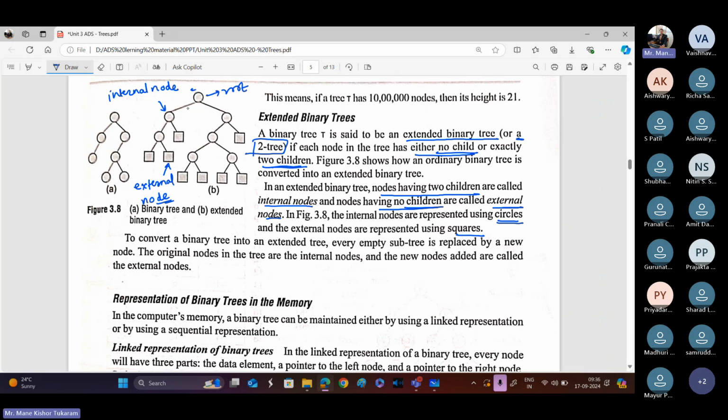It has two children, then two, and two. In this way we get the extended binary tree, a tree which has either no child or exactly two children, and these are represented by separate symbols: internal nodes by circles and external nodes by squares.